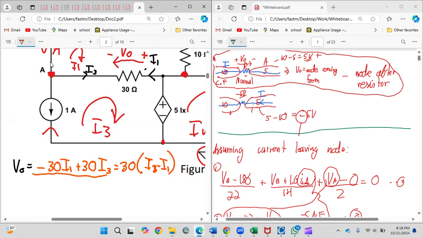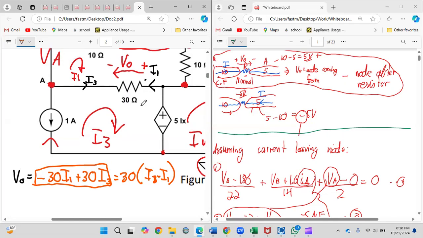But the concept is the same thing I explained here. You have an arrow indicating voltage drops, voltage rise. I1 is the only one that you have a voltage drop across the resistor. So based on what you assume your voltage drops to be when you're doing loop, which is negative, which is okay, remember you use that for everything else.